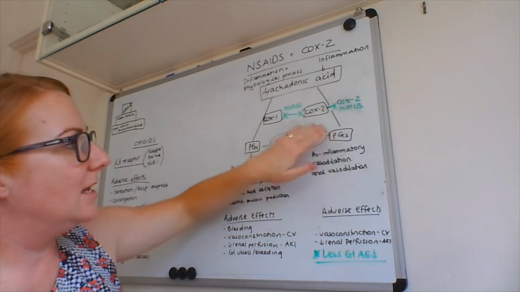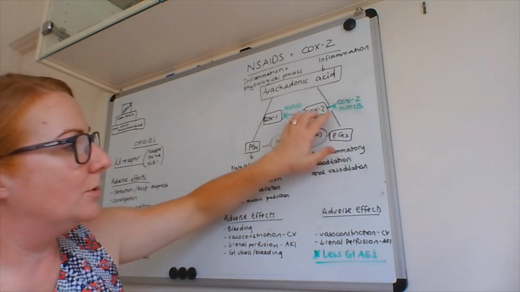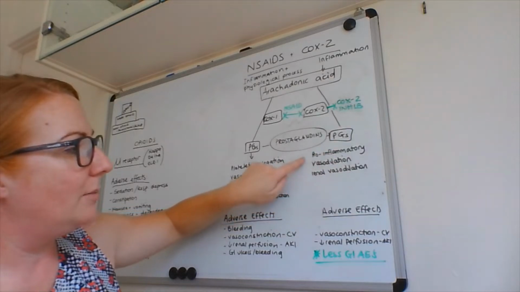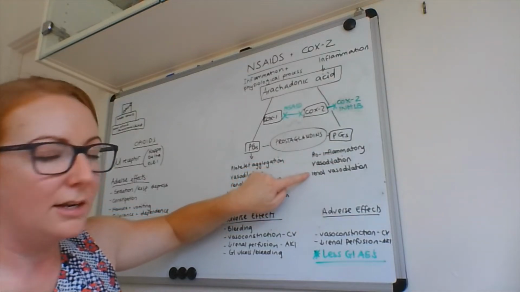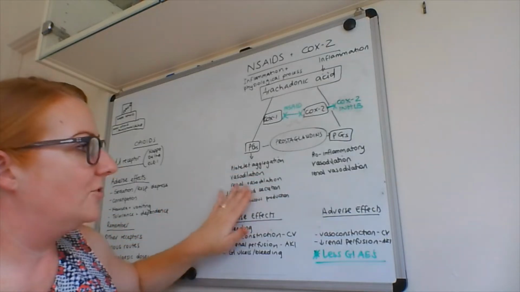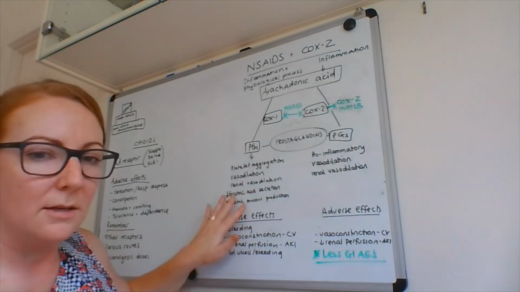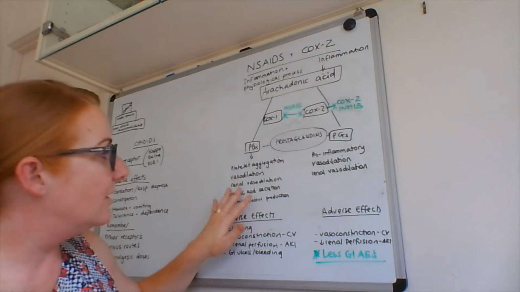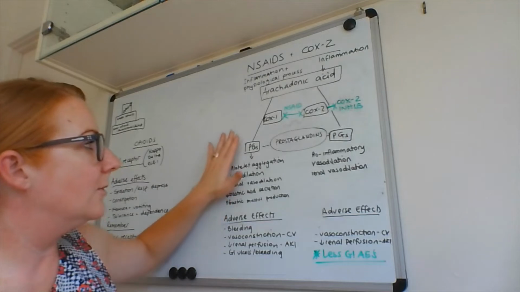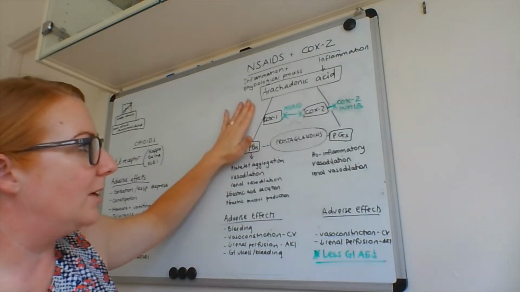So COX-2 is responsible for the production of these prostaglandins that are pro-inflammatory, vasodilatory, and renally vasodilatory. So similar to this group, but they don't have the gastric acid or the gastric mucosal activity, and much less platelet aggregation activity than the prostaglandins in the COX-1 pathway.